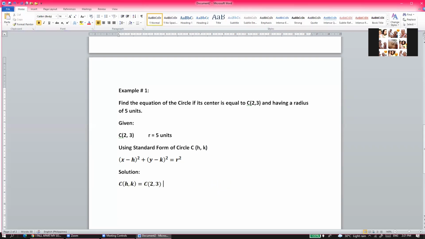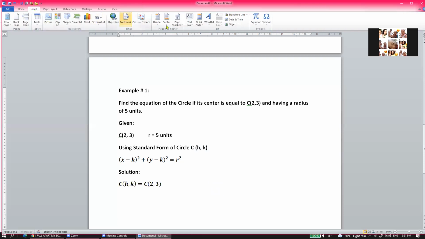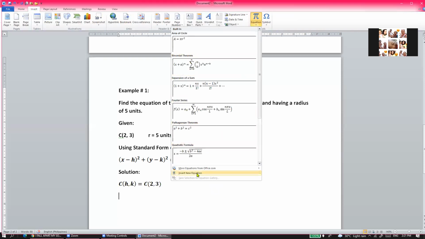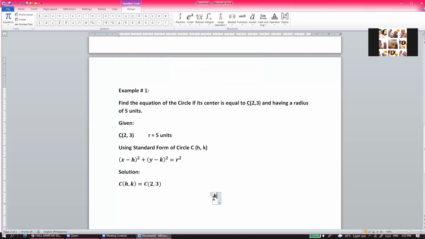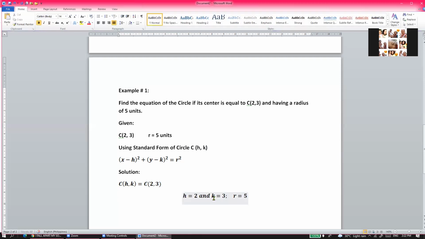By comparison, meaning, ang H natin is equal to 2. So, I'll type H is equal to 2 and K is equal to 3. Then take note, R is equal to 5 units. Can you follow, class?